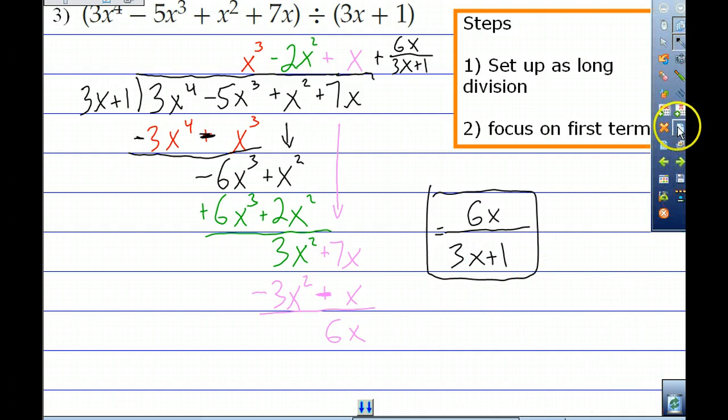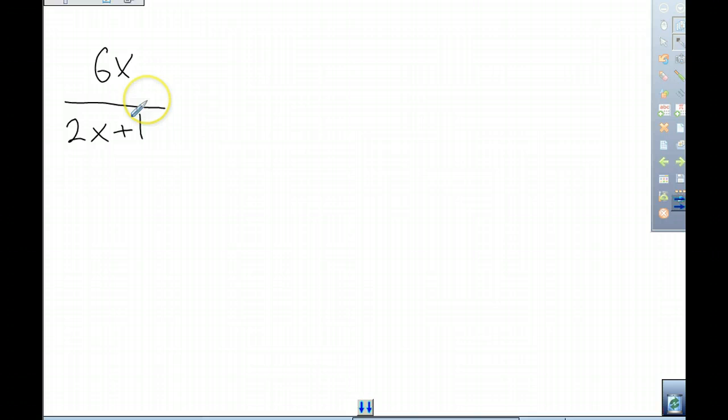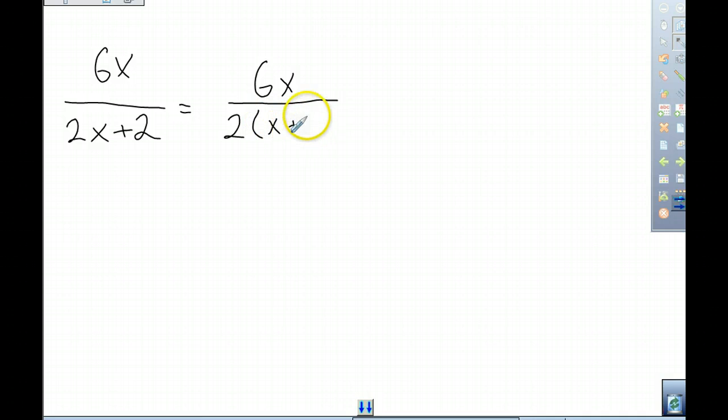Now, let's look at a few of these and say, well, when does it reduce? How do I know if it does reduce? Okay. So here's an example. If this instead was plus 2, what I could do is factor a 2 out. See, when you're canceling factors, factors are things being multiplied.